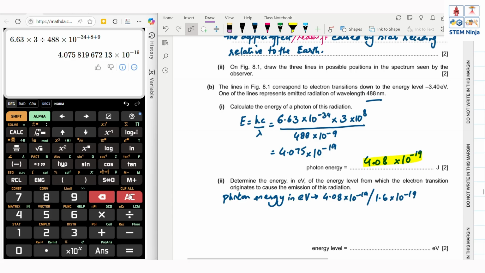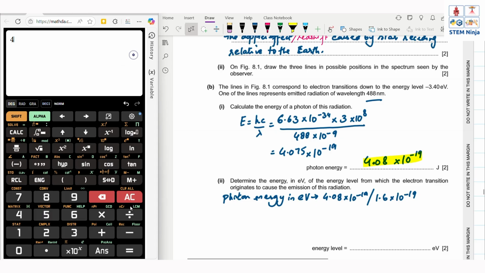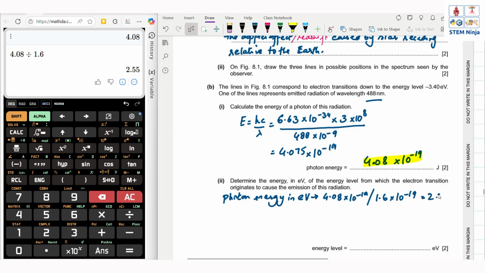So the minus 19 will cancel out. So you will have 4.08 divided by 1.6. You get 2.55 electron volts. So furthermore, we need to find out which transition or which level it comes down to.